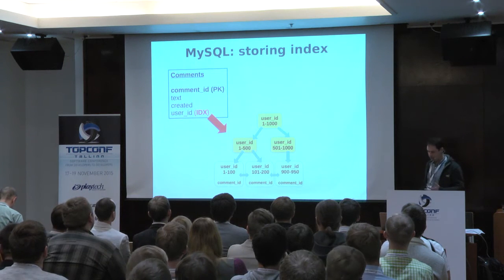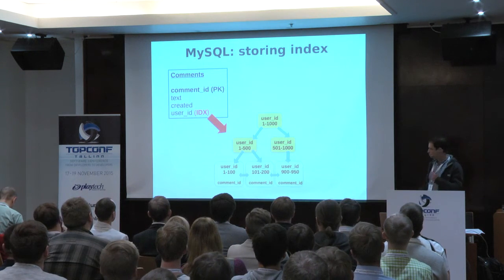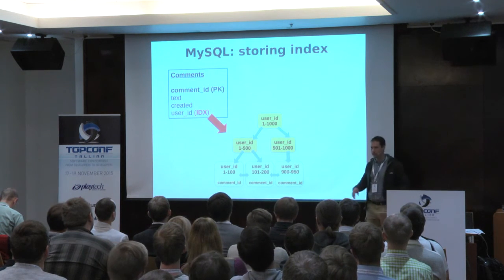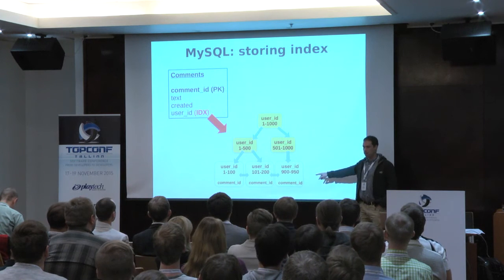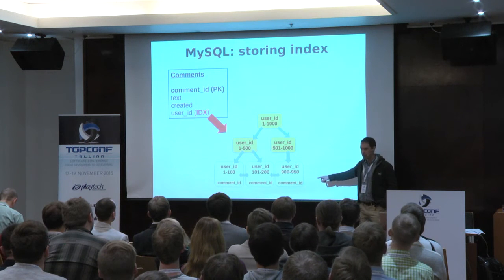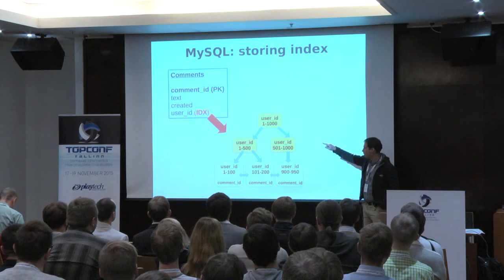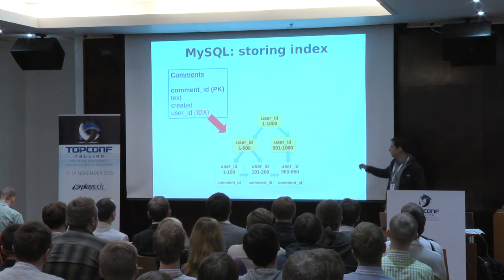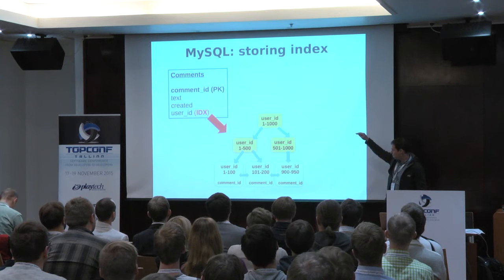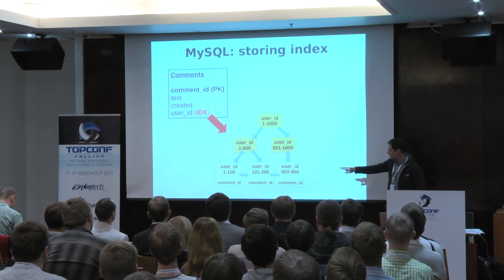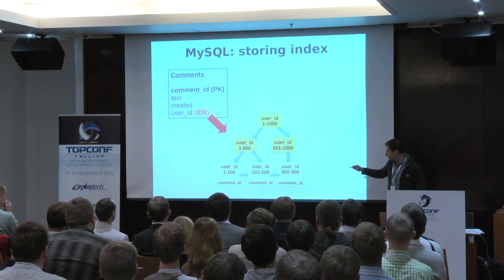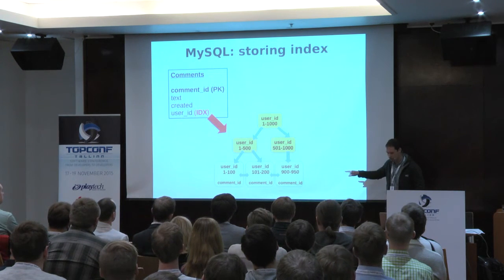In case of an index, MySQL uses a pretty similar B-tree, but instead of data elements in the leaf nodes, it stores primary keys. So if we are going to search by user ID, which is an indexed field, we find all necessary comments identifiable by this user ID and find their identifiers.